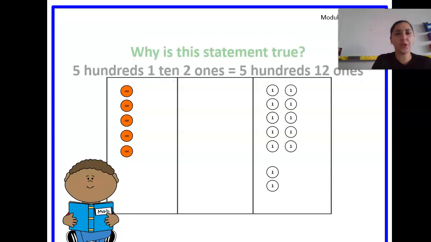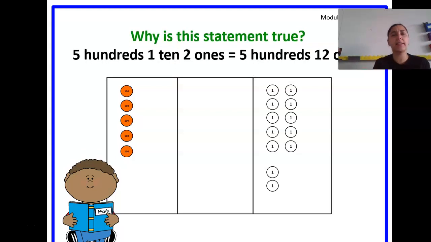Now, I want you to tell me, why is this statement true? Why is 500, 1 ten, and 2 ones equal, or another way to say it, 512 ones?